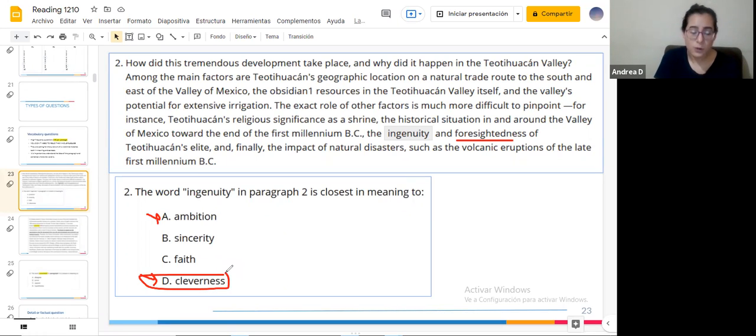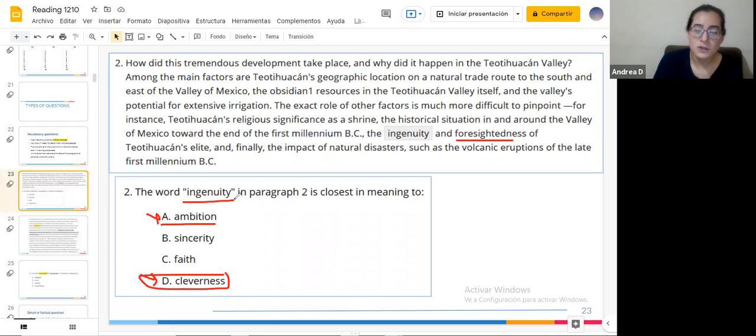So yes, the answer was cleverness, D. Ambition could have been, but if we look at this word ingenuity, it has to do with being smart, being creative, being able to solve problems. Its translation would be ingenio, right? It's not ingenuidad. If you think like that, ity means idad, so ingenuity, ingenuidad.